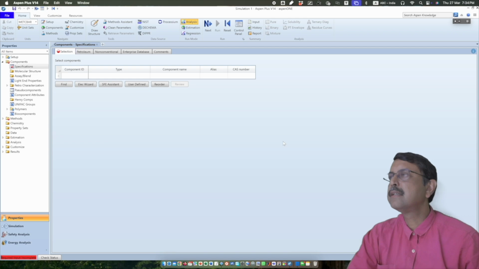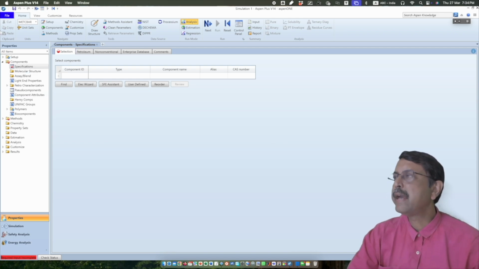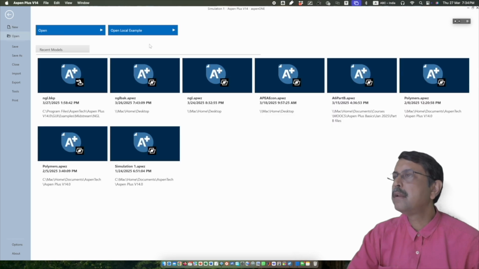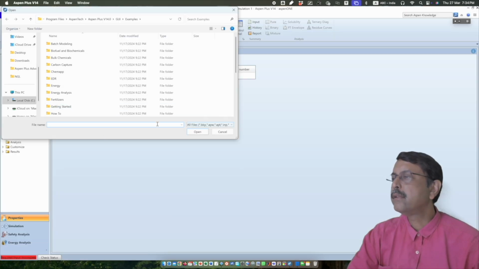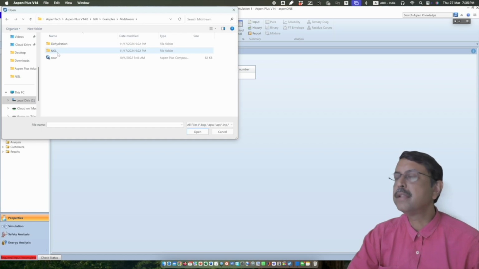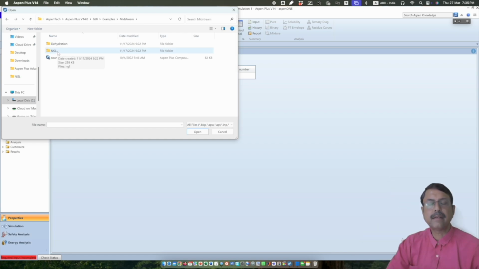So for that, let us go to the file and let us open a local example. And this local example is, let us take it from, say, midstream. This midstream is for dehydration, NGL. NGL is the natural gas liquefied.